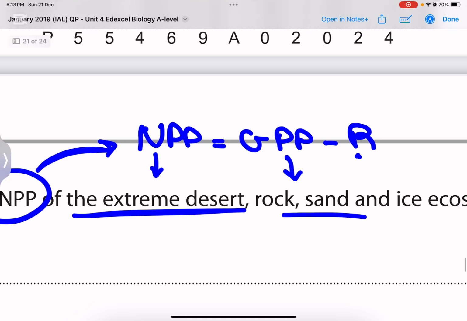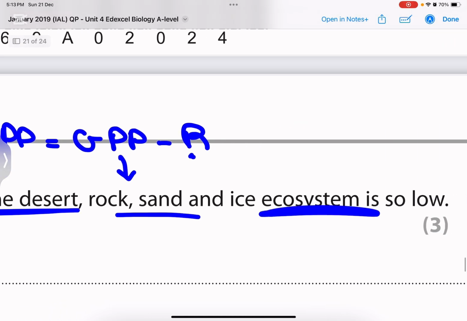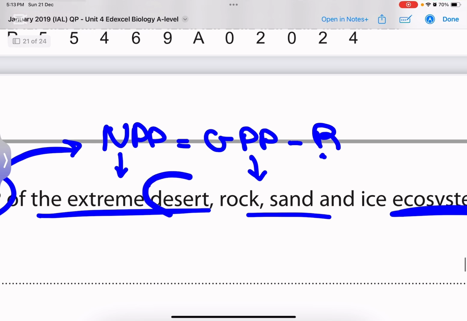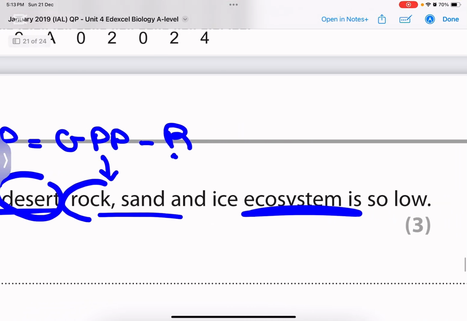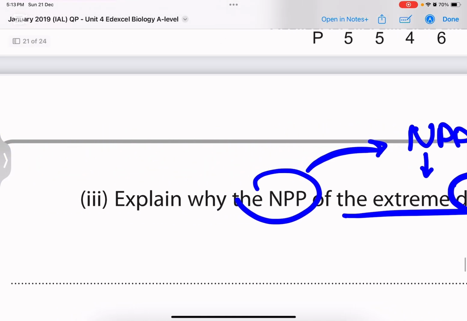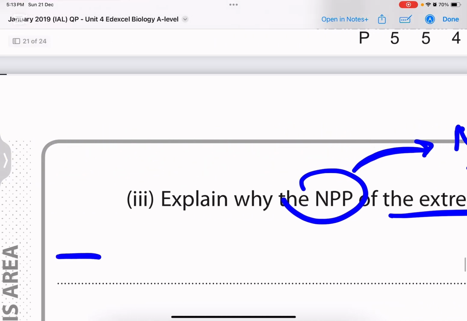If we found it consistent with our ecosystems, then we're going to write it. Something that is common between desert, rocks, sand, and ice ecosystem is that they have less living organisms, so respiration to be high is not the case in here. So we will say that the GPP is low.